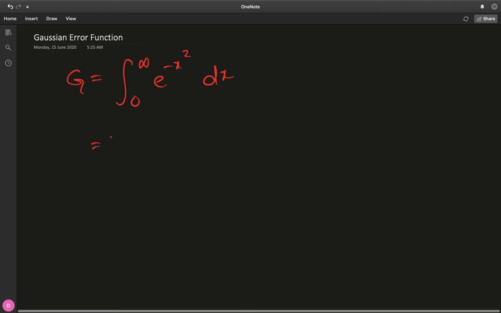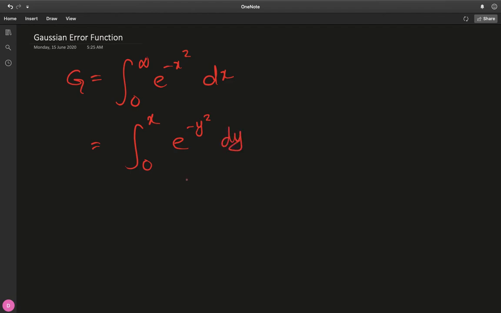But in the cases where we don't have exactly upper limit as infinity, say we have upper limit as some x, then we have to change the inner variables to say e raised to minus y squared dy. But what's the value of the Gaussian integral? First, let me tell you that is going to be square root of pi over 2, right?